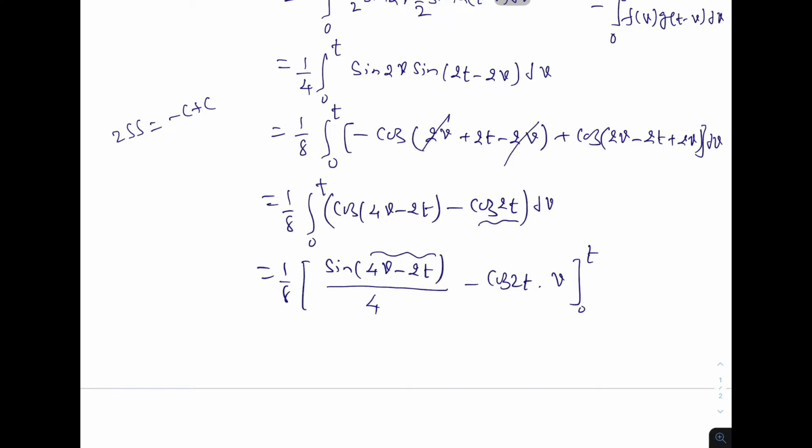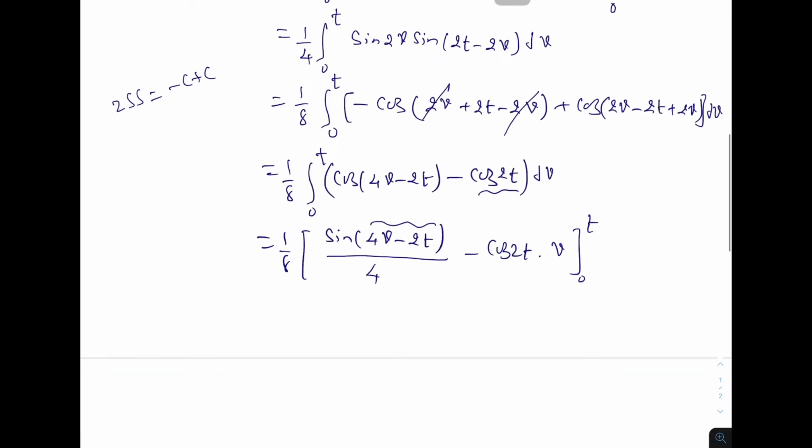So this is equal to 1 by 8. Now we take v as t: sine (4t minus 2t) over 4 minus t cosine 2t.